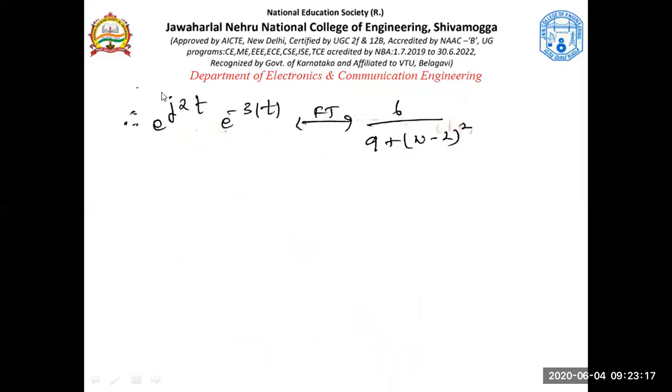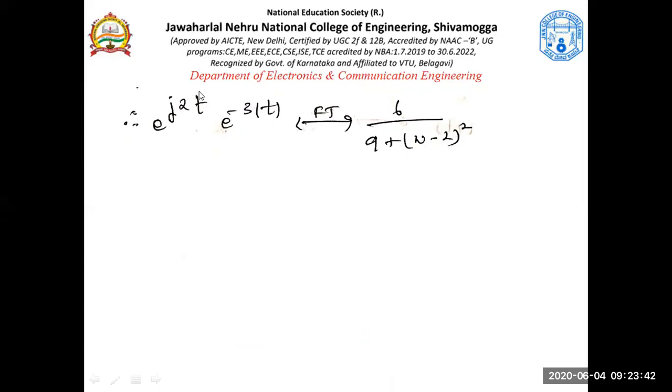See, there is an exponential with this signal. We know the Fourier transform of this. In the Fourier transform of this, if you shift the frequency by minus 2, that will result in this exponential. We already have this; this is there in the given problem.